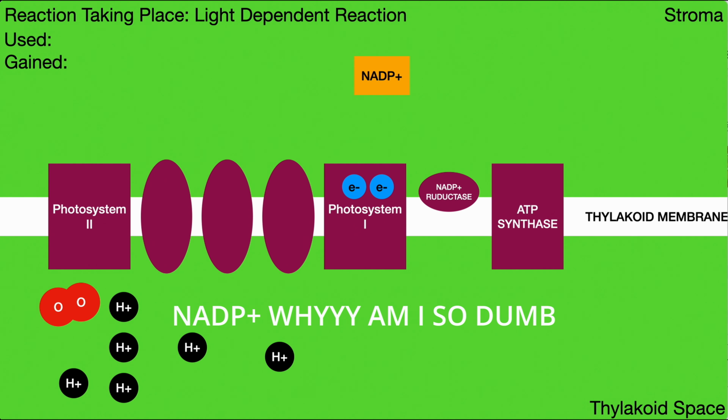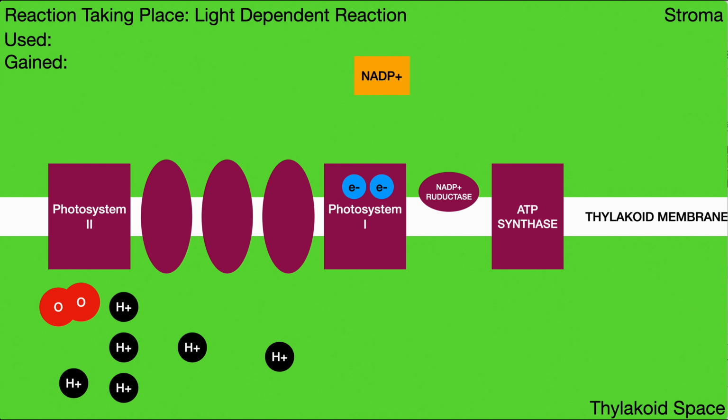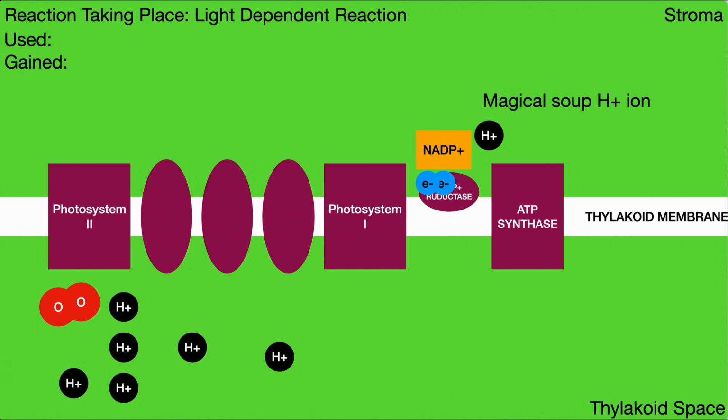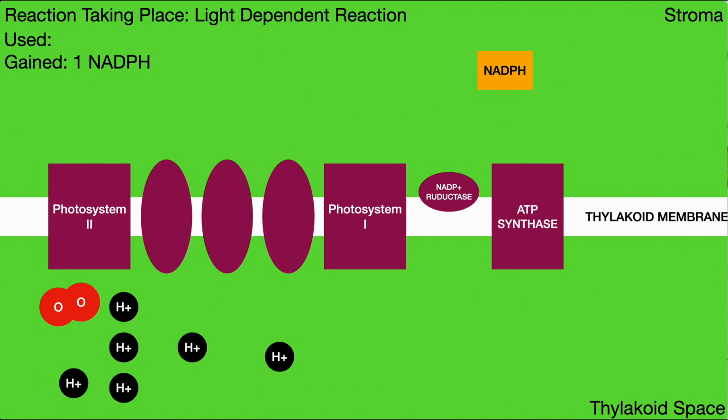Reductase meaning to gain energy or gain electrons. It's going to come into this enzyme with the electrons, and we're also going to spawn a magical soup H plus ion, because why not? And it's going to combine, mix it all up. We get NADPH, which is the reduced form of that electron carrier. So we're going to gain 1 NADPH per cycle here.